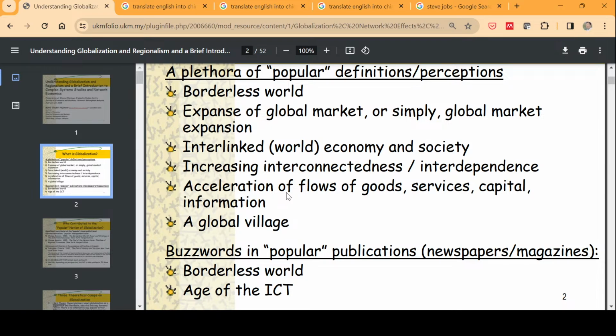Look at the reference citation here, based on Katz and Shapiro 1985, Liebowitz and Margolis 1990, and the one that we referred to just now, 1994.